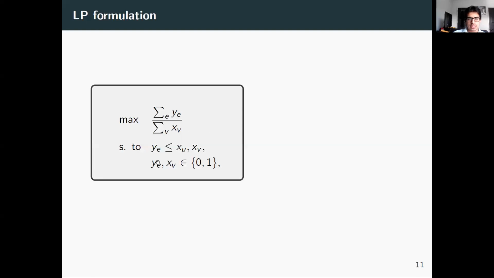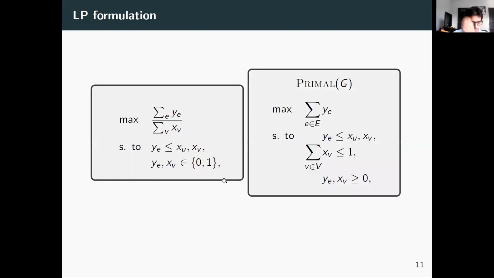Notice that an edge is only picked if both its endpoints are picked. Here, e is uv, and what we're trying to maximize, as we defined earlier, is, in a subset of selected vertices, the number of edges divided by the number of vertices, right?